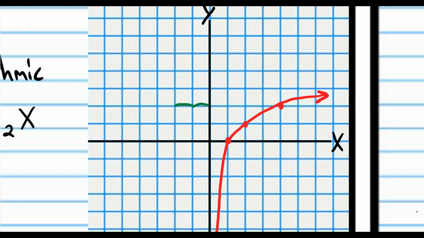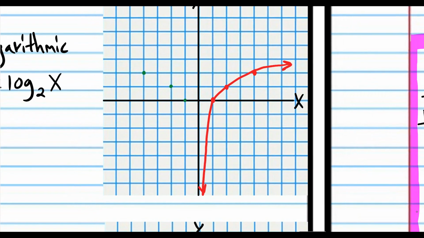So 1, 2, 3, 4, and mark that point. So that's the reflected point. And do the same thing over here, and same thing here, and then we can just connect the dots.